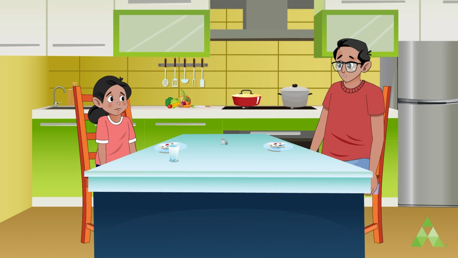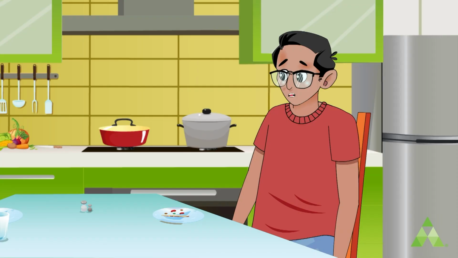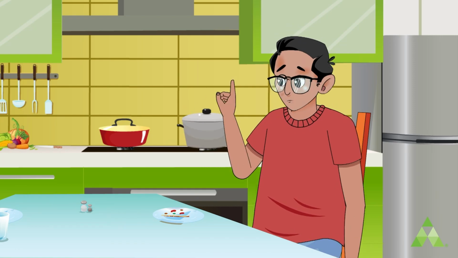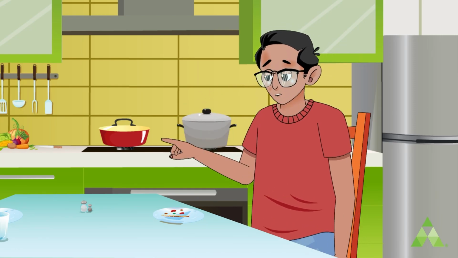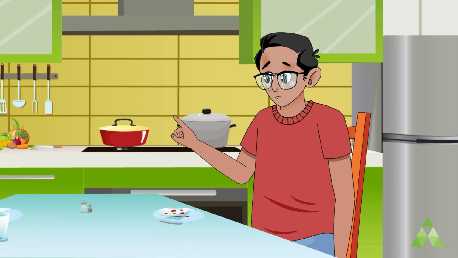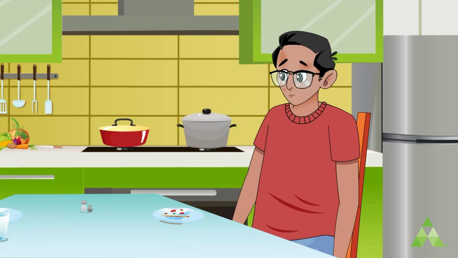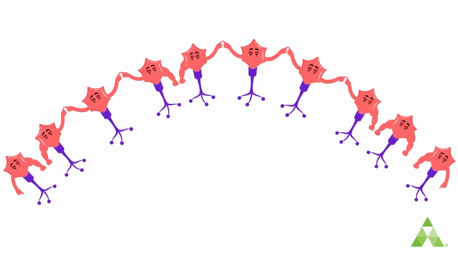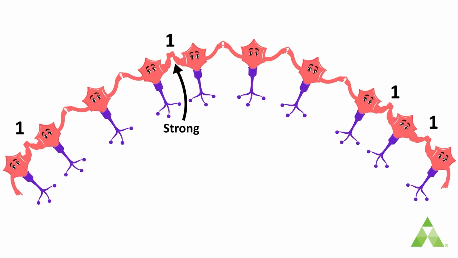Scientists have proposed this idea, but there is no definitive answer yet. Let's see how neurons store 1 0 0 1 0 0 0 0 1 1. When two neurons have a strong connection, it is 1, and 0 when it is weak. This is how neurons store information.